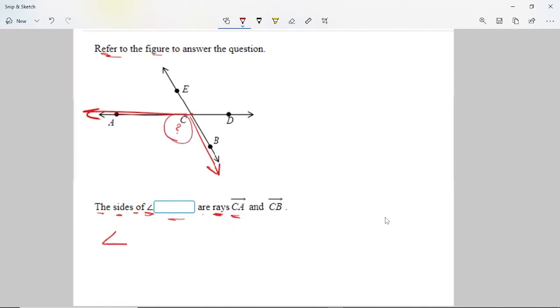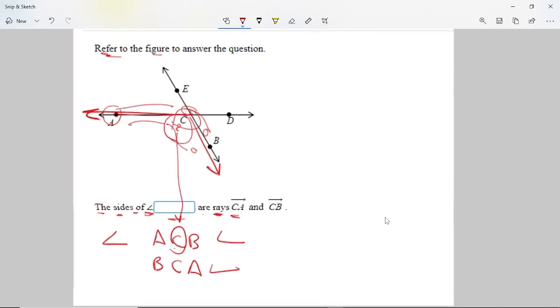So this angle is ACB or BCA. So I have here the answer ACB or BCA. You have these two are right, but the angle, which is C, has to be in the middle here.